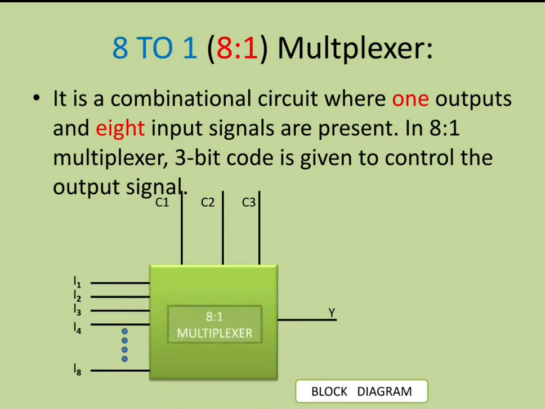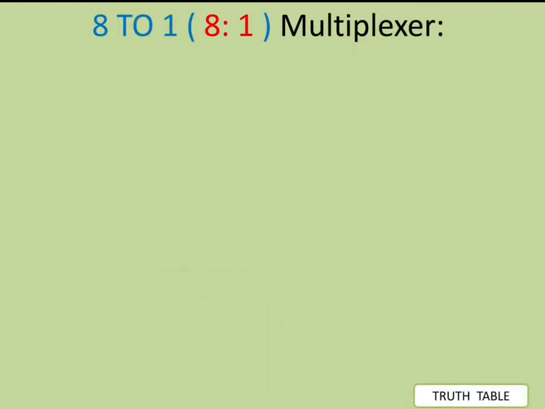Now see, it is an 8 is to 1 multiplexer, which contains only one output, 8 input signals, and 3 control signals. I told you 3 control signals are required to handle 8 inputs and to provide one output.